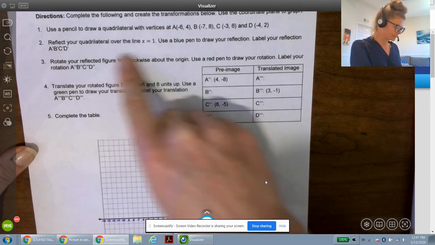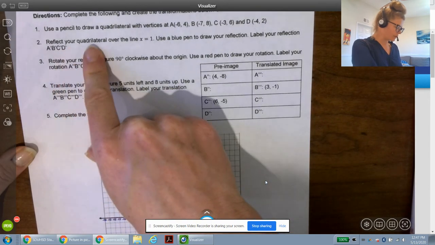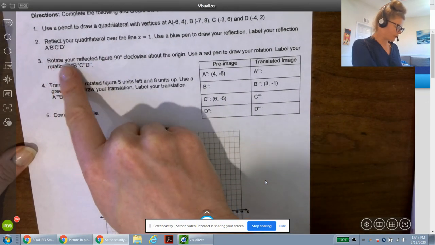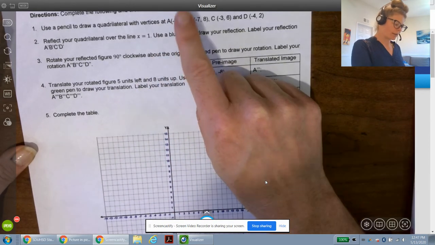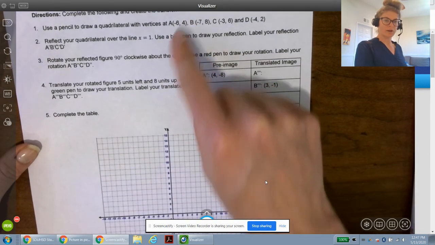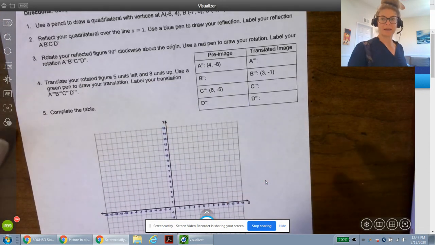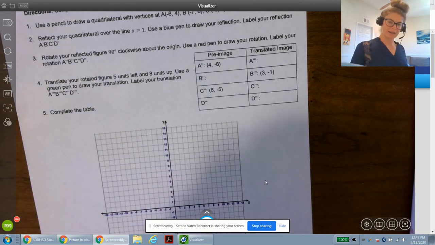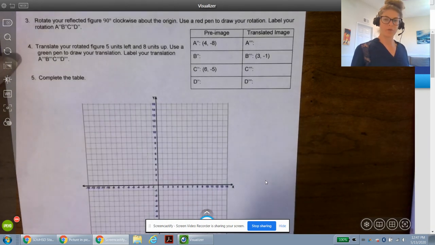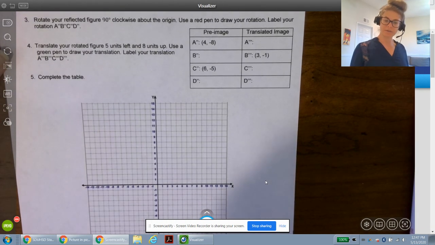You're going to reflect this original quadrilateral and then rotate your reflected figure. So you're not always working back from your pre-image, you're working from your previous image. It's a pretty fun activity. And like I said, I will post my answers with the worked out solutions that are filled in.